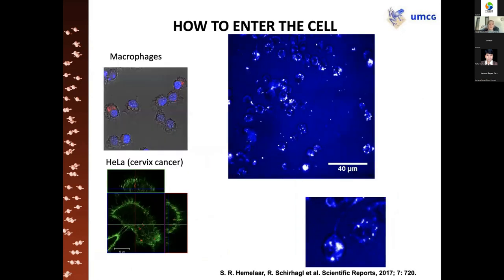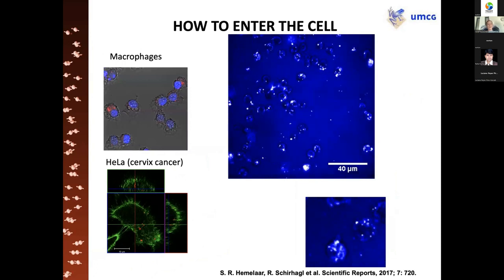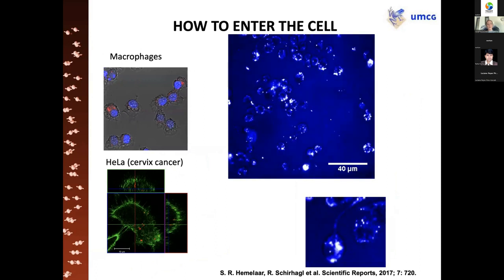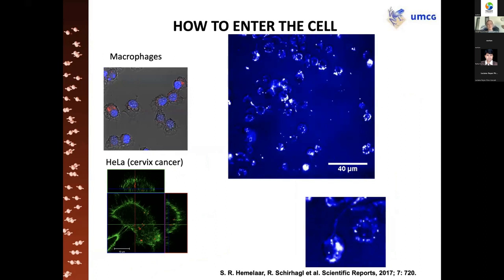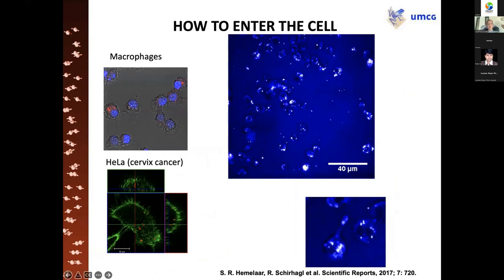Then, if you want to work with nanodiamonds in cells, the first thing that you have to achieve is you have to bring your diamond particles into your cell. And there are a lot of cell types that just take up particles. This is true, for instance, for macrophages that are here on the top left, and also for the macrophages in the movie.